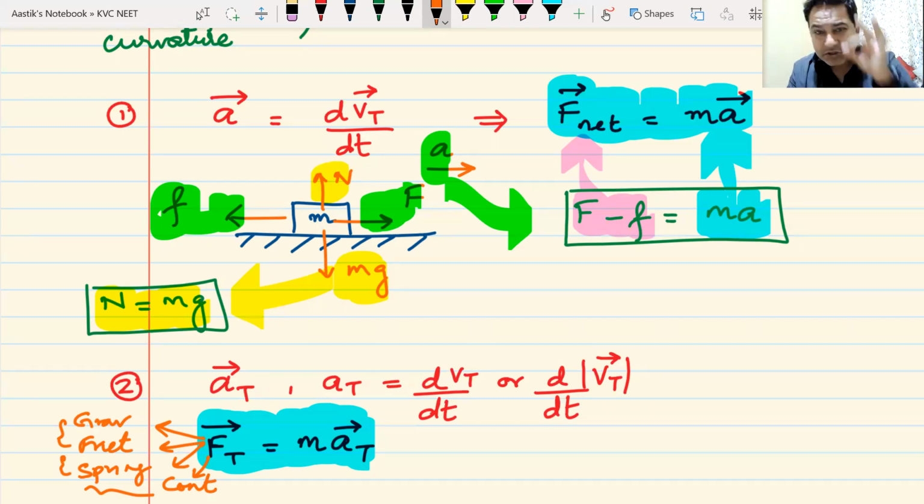When you multiply m into at, that will be equal to net tangential force, and this net tangential force can be a combination of any of the forces that we have studied so far. Do we understand this? If you multiply a vector with m, you get the net force. If you multiply m with at, you get the net tangential force. I'll give you a minute to note this down.